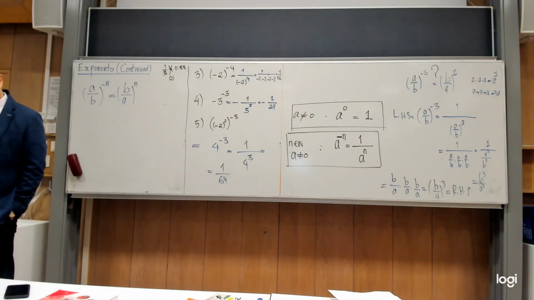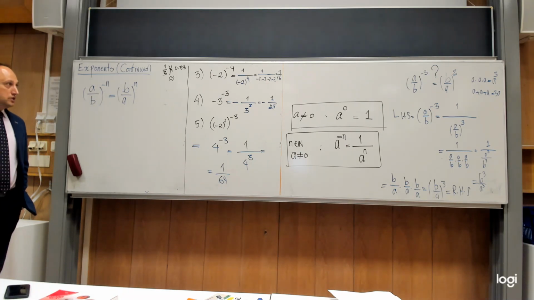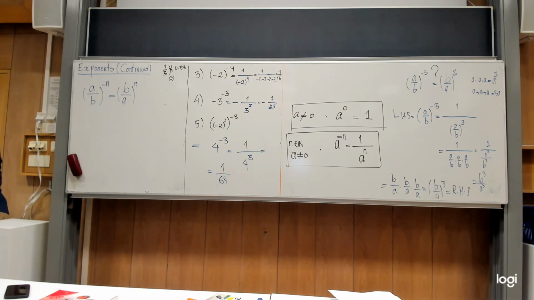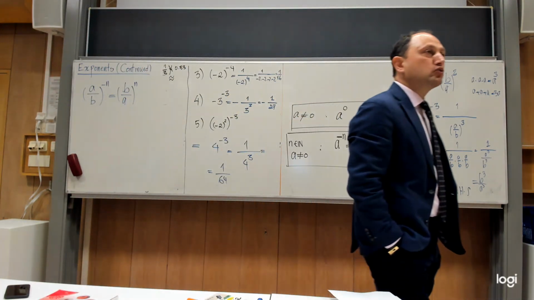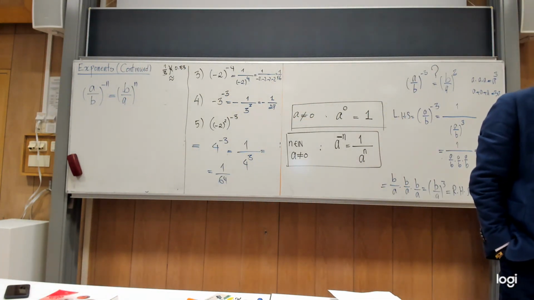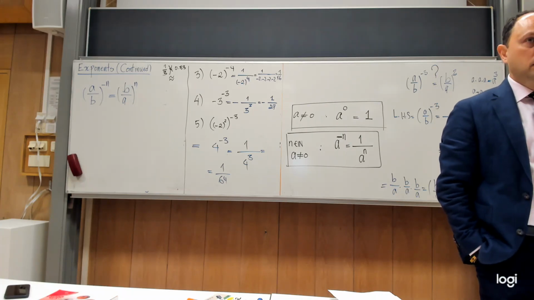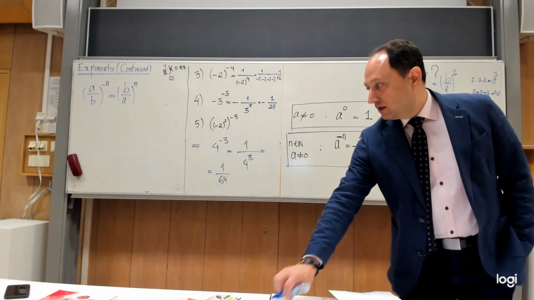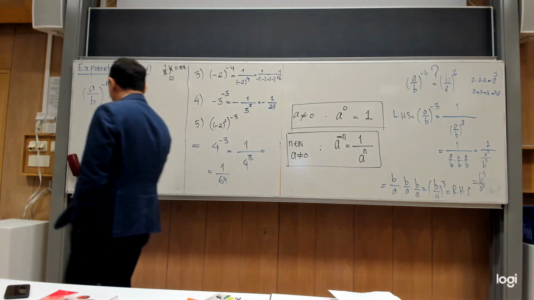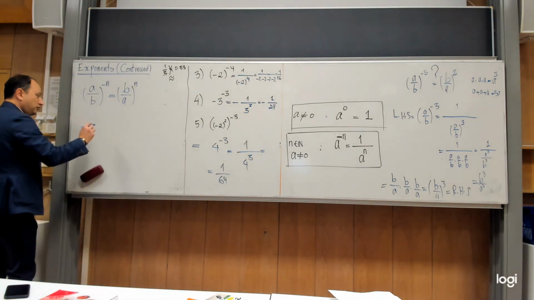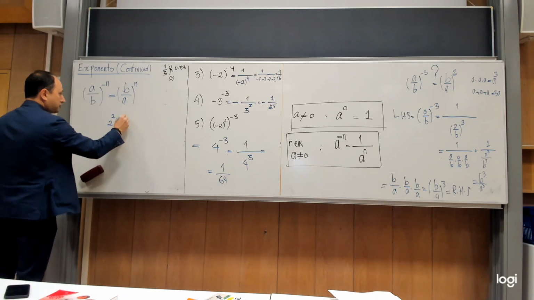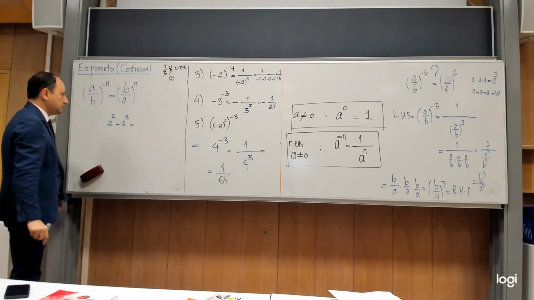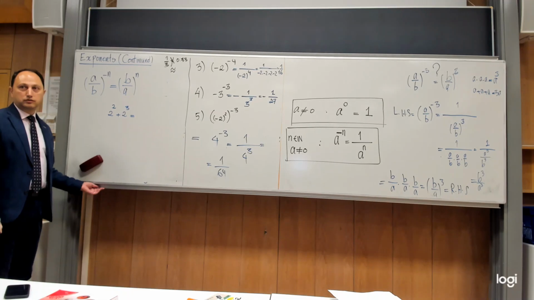There is something more: whenever you describe a concept in mathematics, mathematicians try to see if they can invent new rules for that new concept. Okay? So what do I mean? For example, if I give you 2 to the power of 2 plus 2 to the power of 3, if I ask you to calculate this, you really don't need any extra rule.